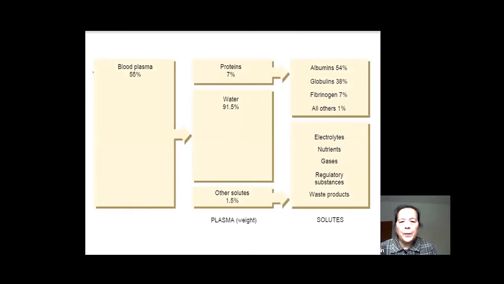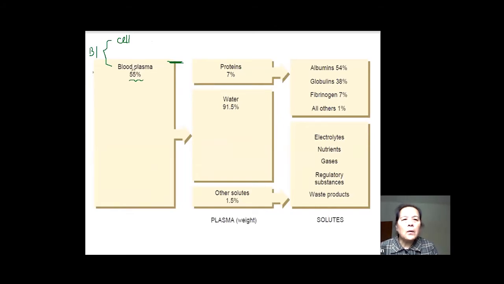This picture here is pretty clear. In total, 55% of the blood is plasma, and the other 45% belongs to the formed or cell part. Now we are not calculating the cell part.